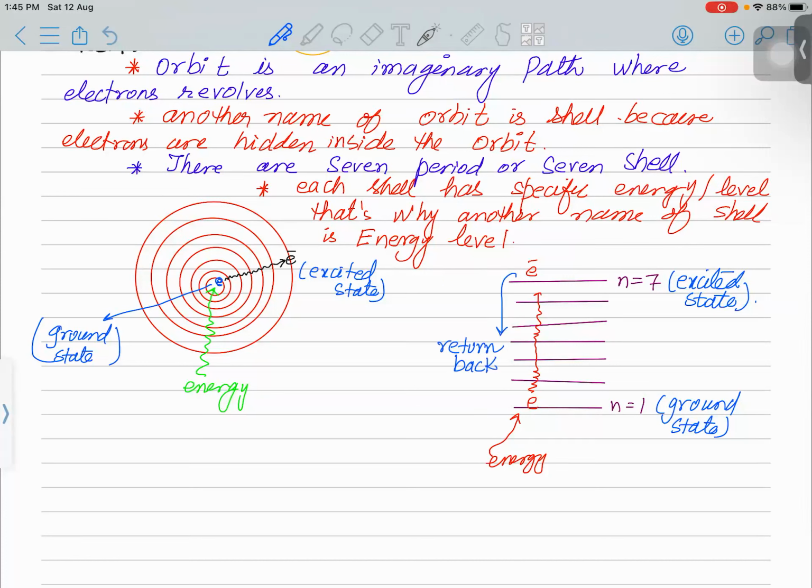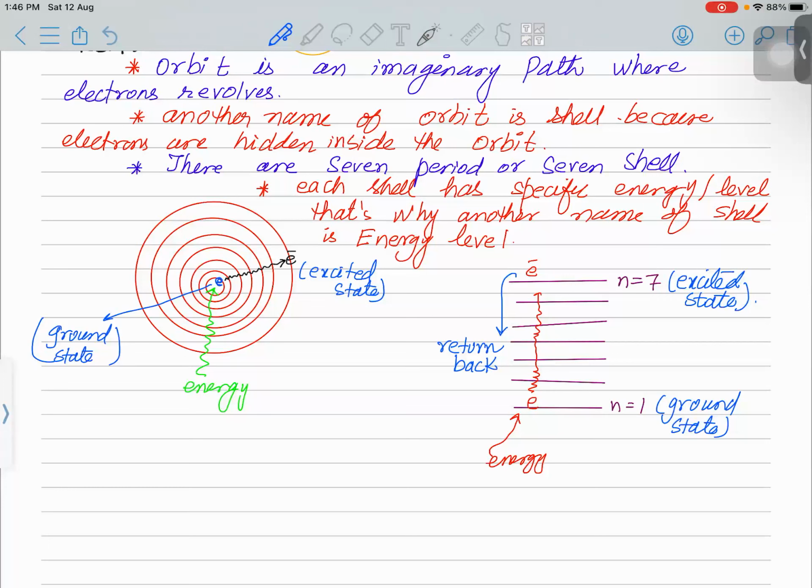When this electron returns back to its original state, where will the absorbed energy be?